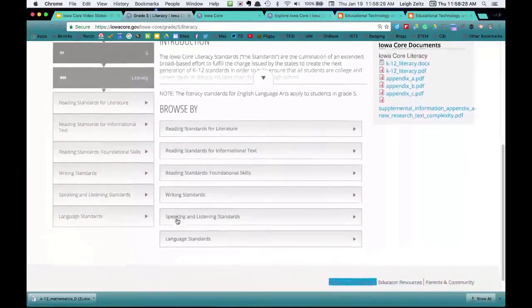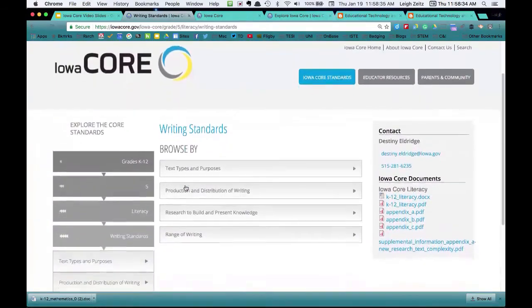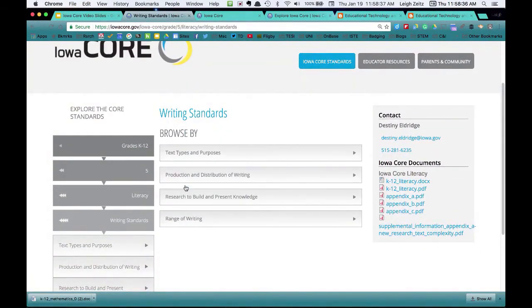And so what we're going to do is go over here and take a look at writing standards. This is the area that we're talking about.